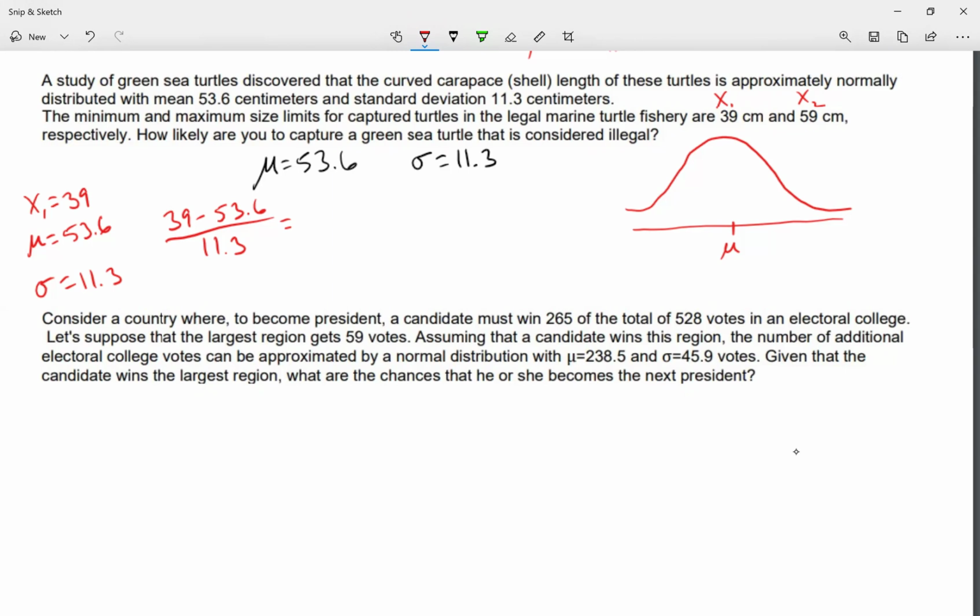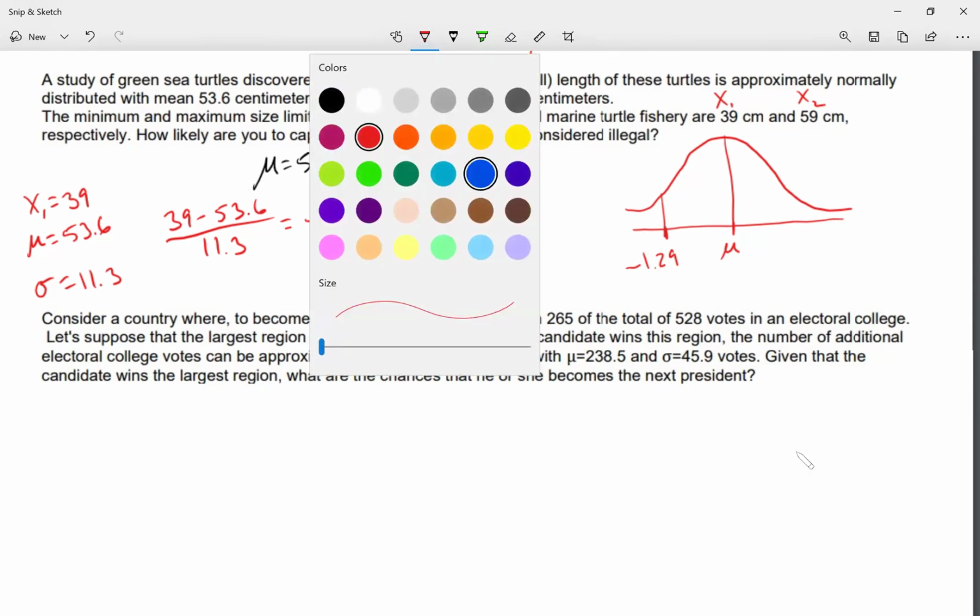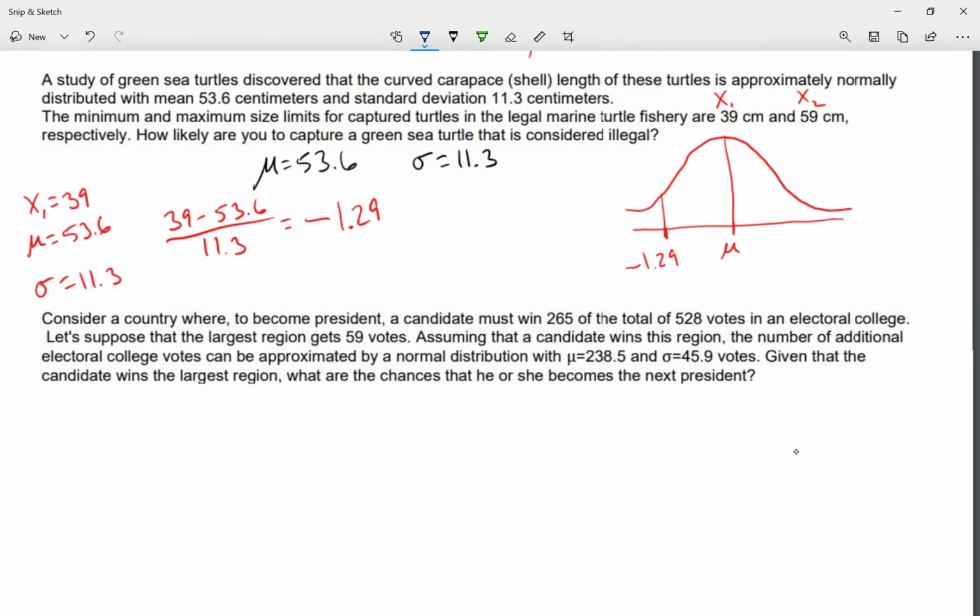So my z-score in this case will be negative 1.29. Okay, so there's one area that I'll be looking for. To show that I'm doing a separate question, let me change my writing to blue now. Now I'm looking for the maximum, so my X2 is 59. The average is still 53.6, and my standard deviation is 11.3.